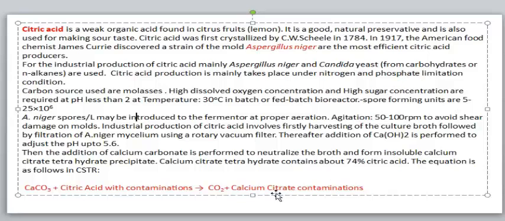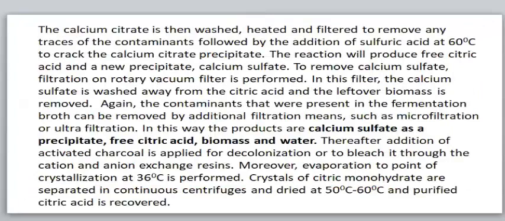After completion, harvest the culture broth by filtration. Mycelium will be separated and the broth will be separate. Calcium hydroxide is added to the broth. Again, to neutralize, calcium carbonate is added, and finally we find citric acid here.